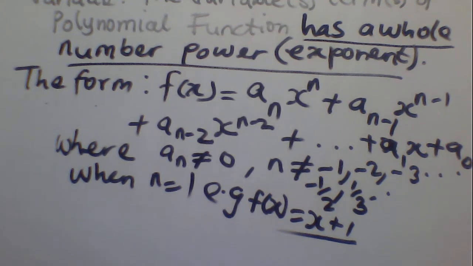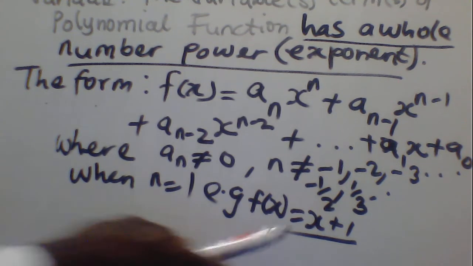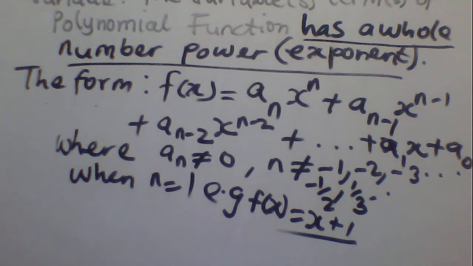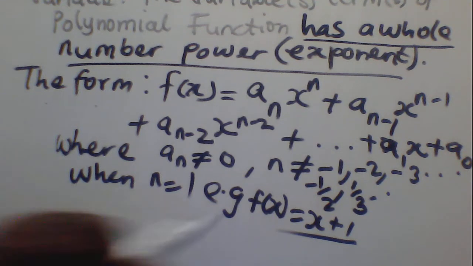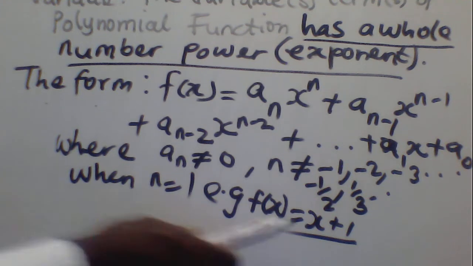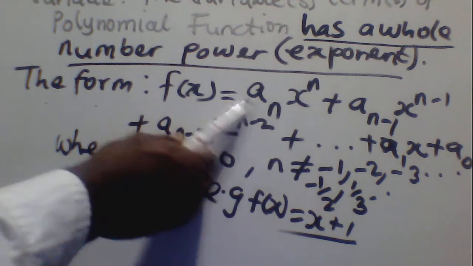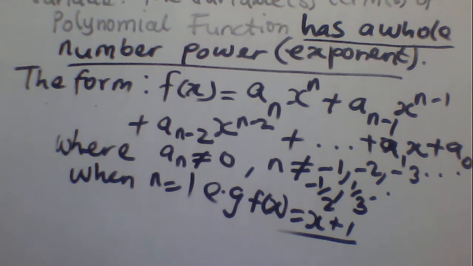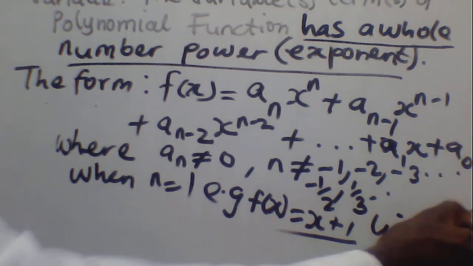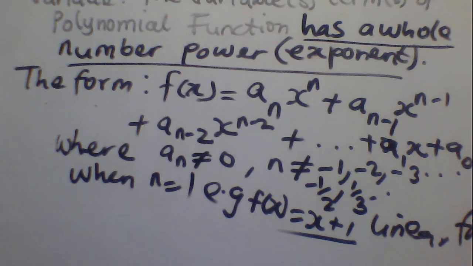It is also a polynomial in the sense that the x has a whole number exponent or power, and it can be defined by its leading coefficient, the constant of the first term. So this is an example of a linear function. I hope you are seeing it.